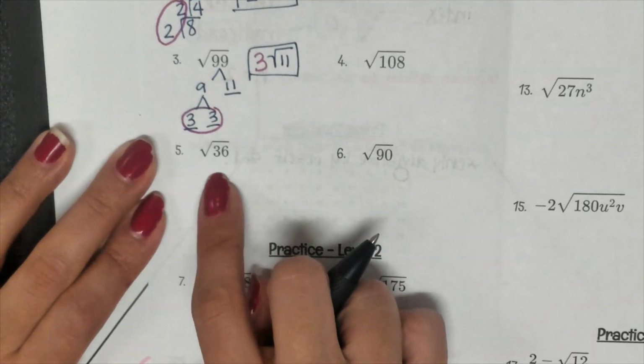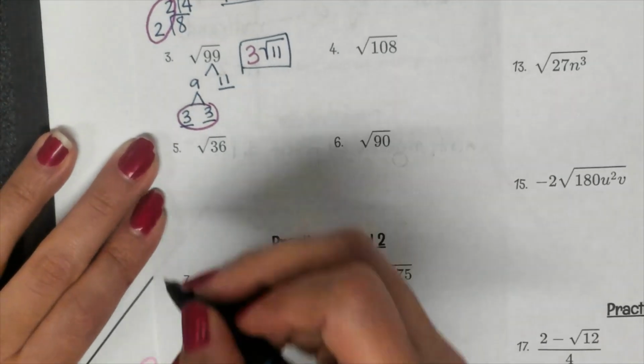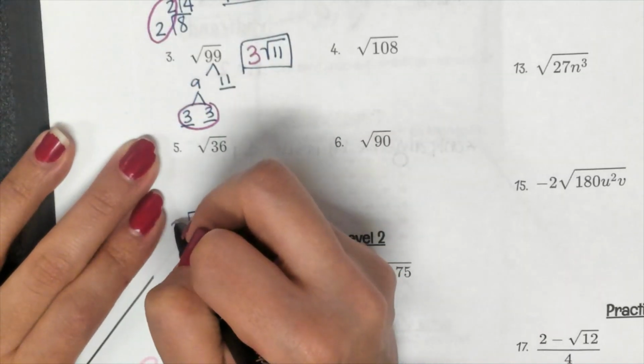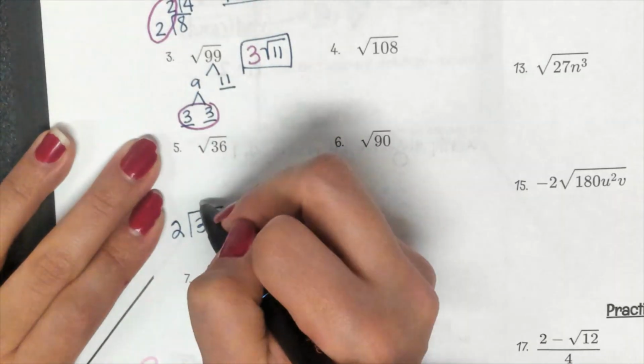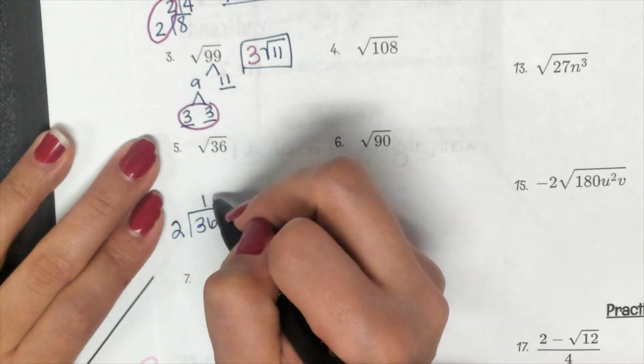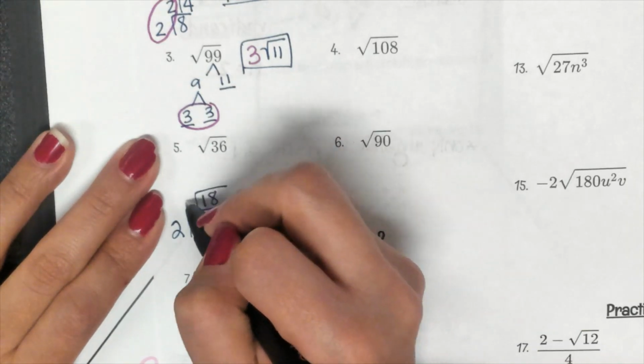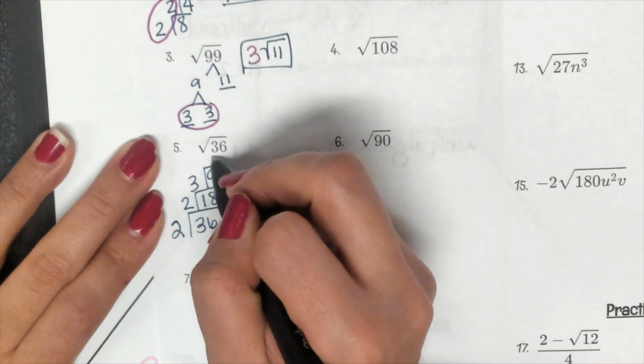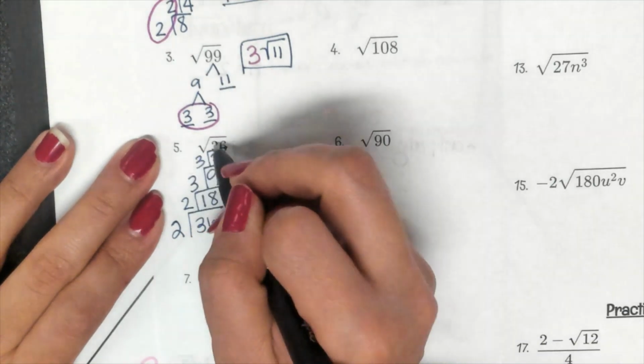All right, square root of 36 is special because if we do birthday cake method, 2, 18? 2, 9, 2 can't go in that, 3 can, 3, 3, 1.